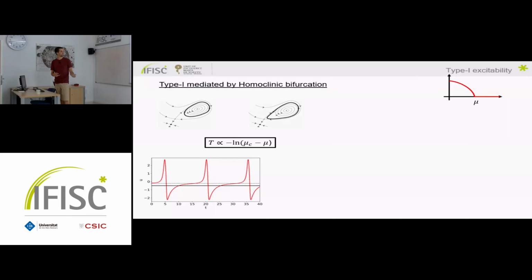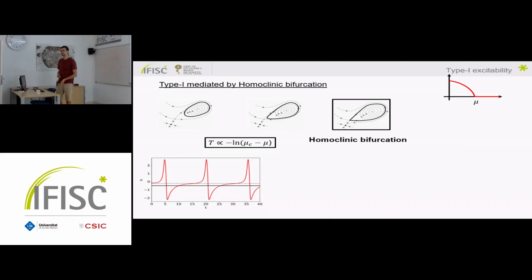And this divergence is going to be logarithmic. We are approaching the limit. The frequency becomes very small, which is the same as saying that the period is diverging. At some point, it's going to touch the saddle, and we are going to have this homoclinic bifurcation where the cycle is destroyed.